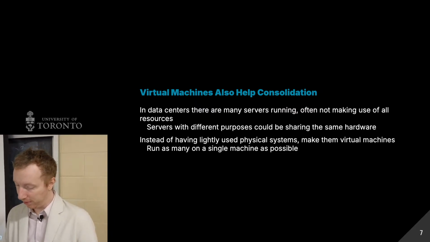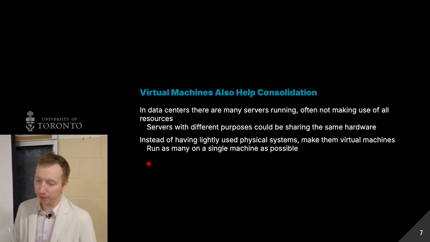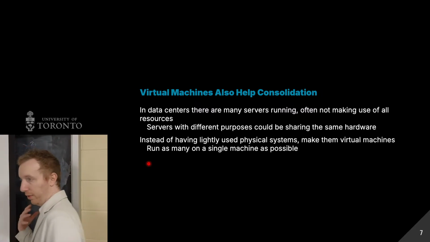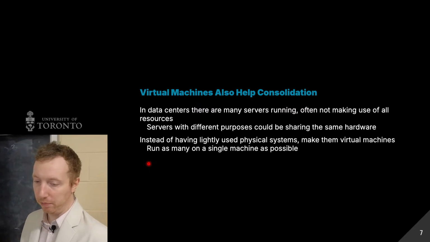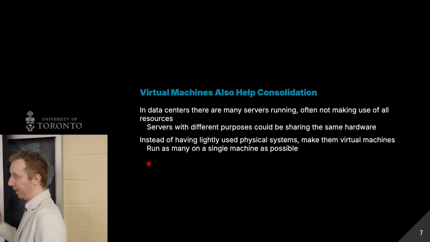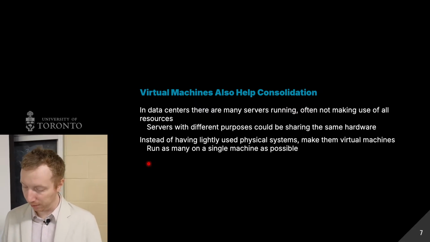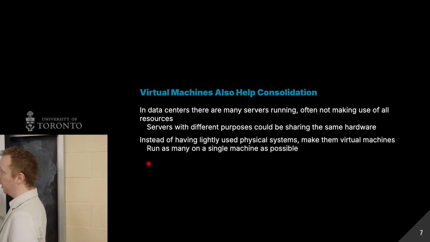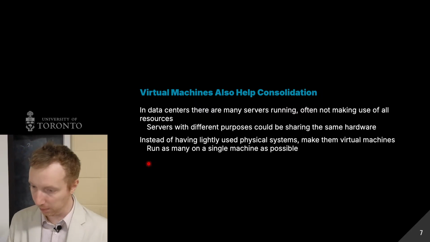So this is really helpful. Instead of having lightly used physical systems, make some virtual machines, run as many of them on a single machine as possible, and then I don't have to bother paying for a whole bunch of different things, and I get the advantages of having everything completely separated and isolated from each other as well.